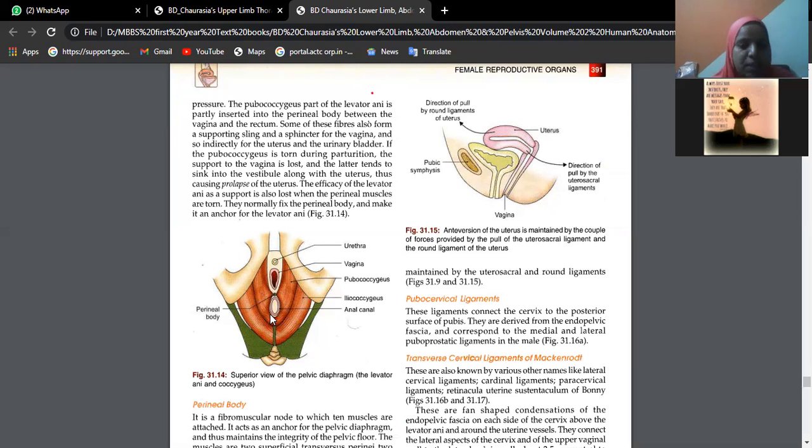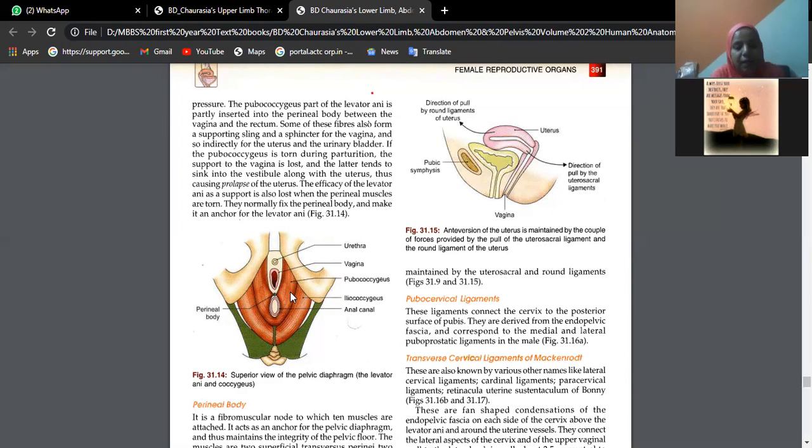All those muscles' interlacing point is the perineal body. Apart from that, we also have a deeper muscle called levator ani, which has components like ischio-coccygeus, pubo-coccygeus, and ilio-coccygeus.